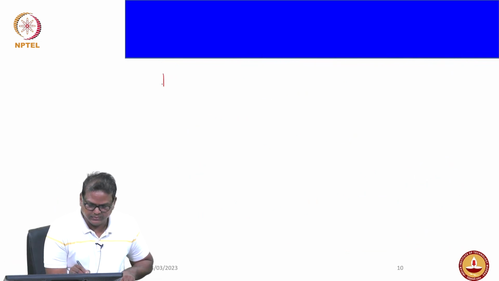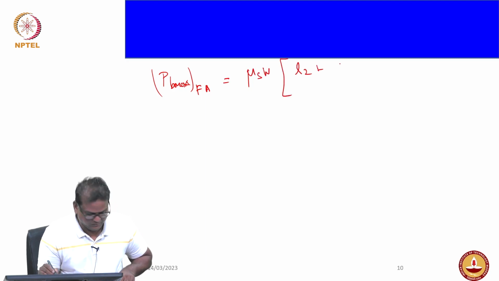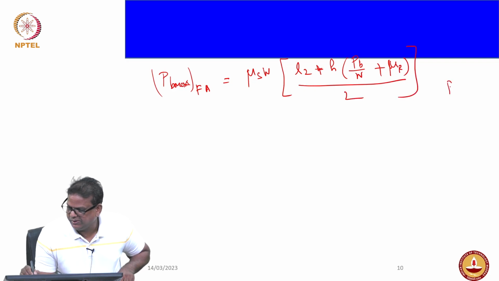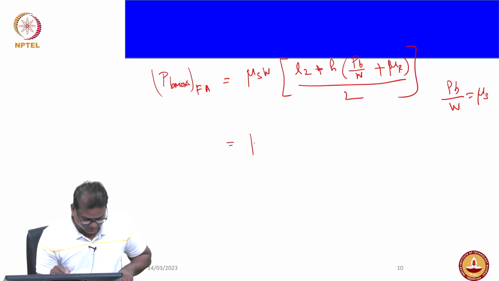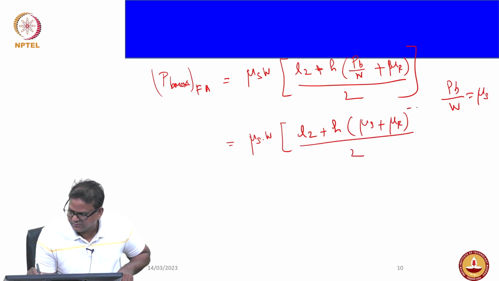Your PB max for the front axle is mu S W, and I will rewrite: H PB by W plus mu R, by L. The PB by W is nothing but mu S. If I substitute, I expect mu S into W L2 plus H mu S plus mu R, divided by L. This is what happened.